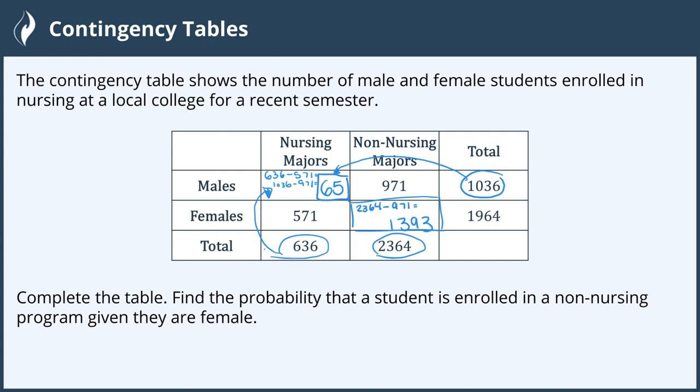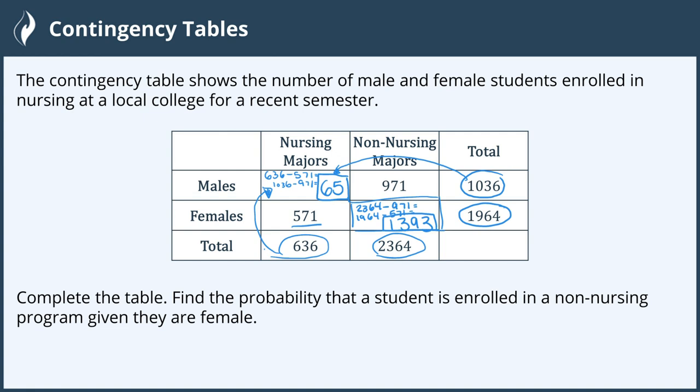But again, we also have the option to do the row, which would be 1,964, and subtract the females, 571. My calculator also gives us 1,393. So either way you wanted to fill out these numbers in the contingency table, we had two ways.